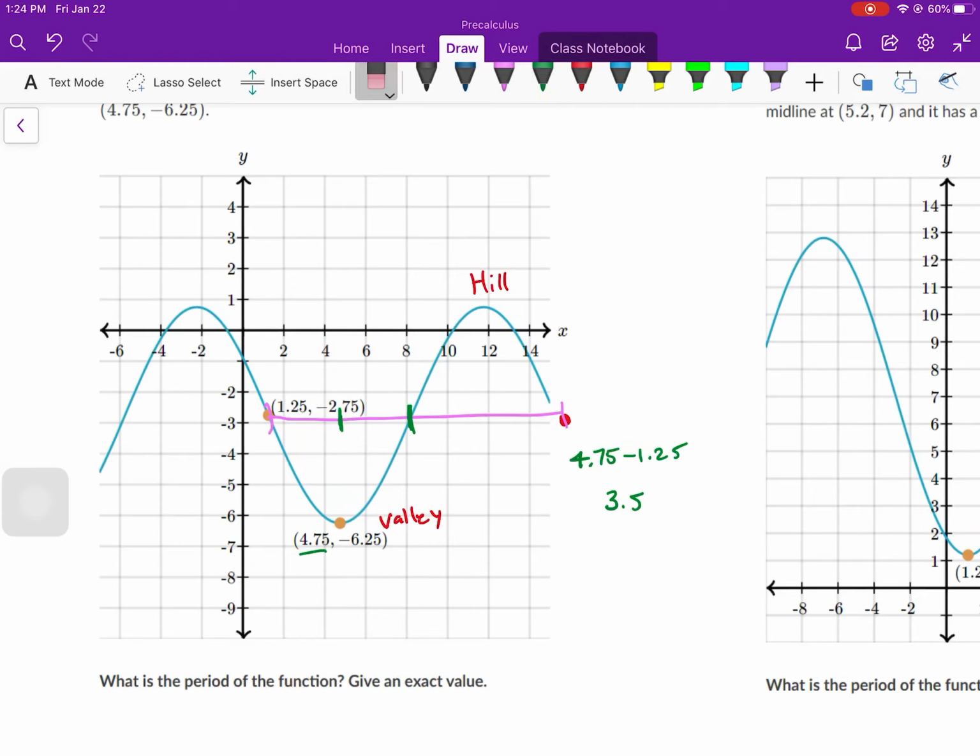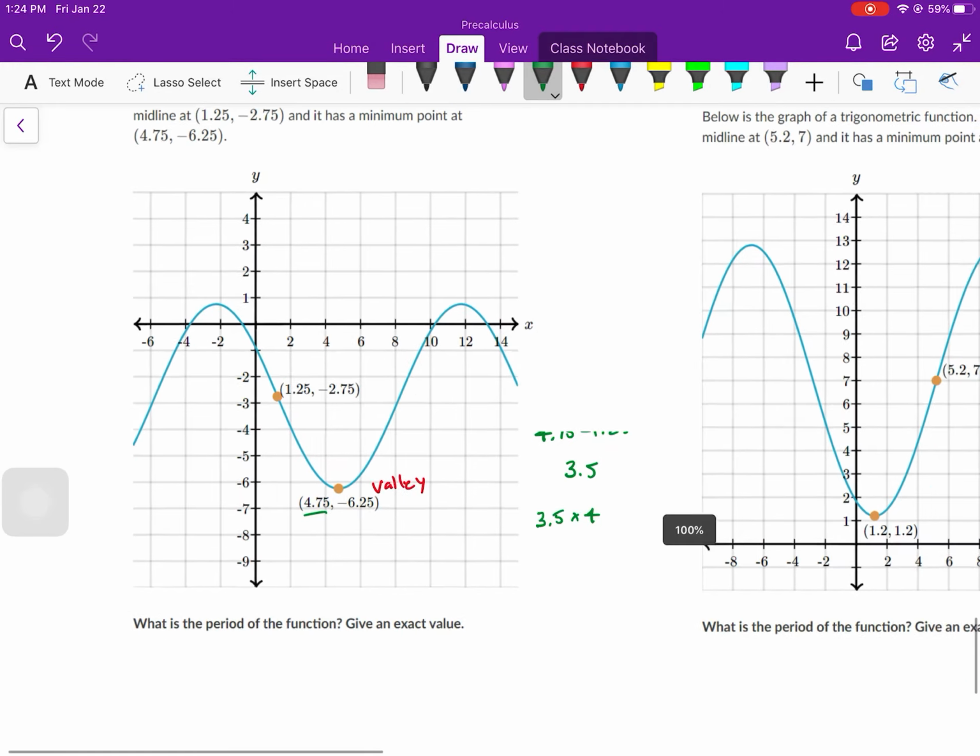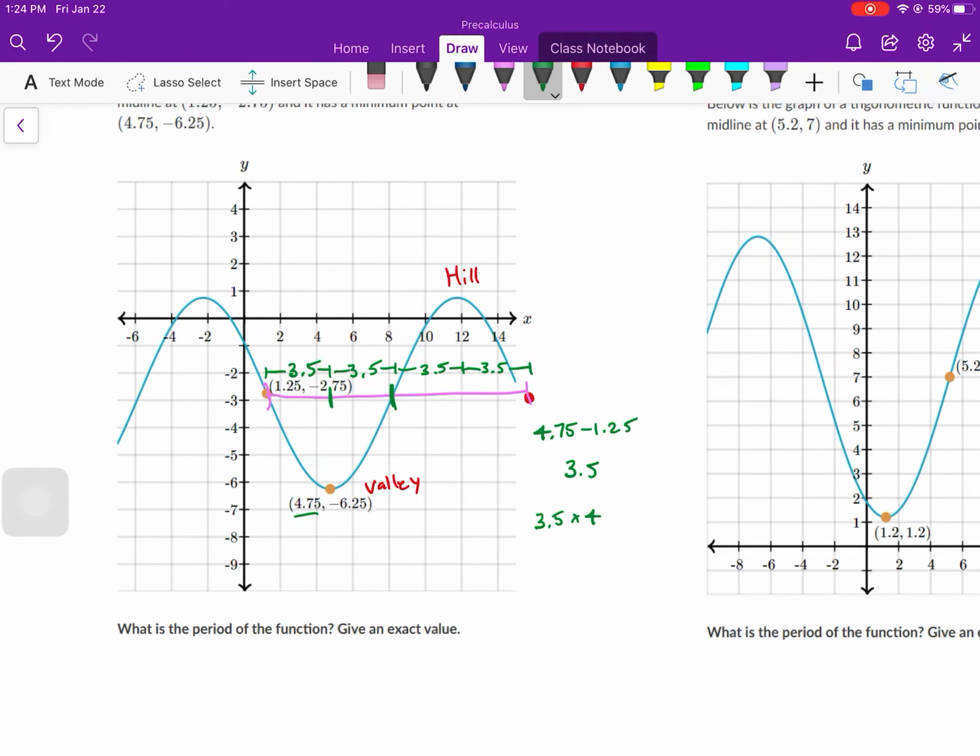So that 3.5 represents just this distance right here. That's only a quarter of it. We still have an additional 3.5 plus 3.5 plus 3.5 again. So we have that times 4, which is 14.